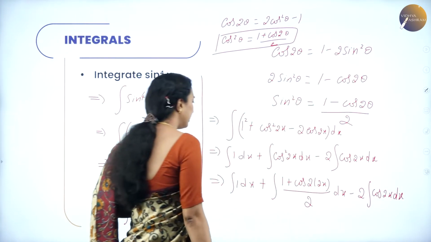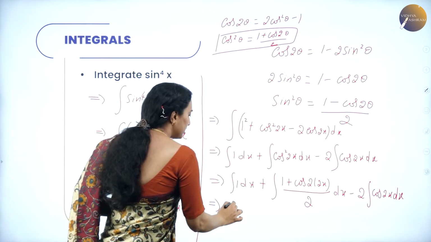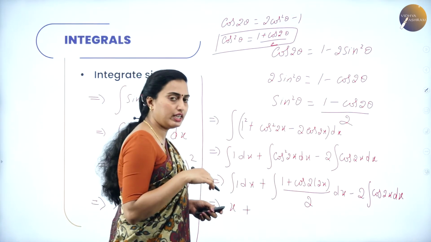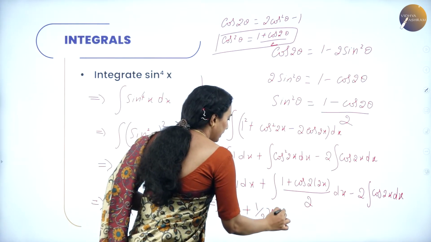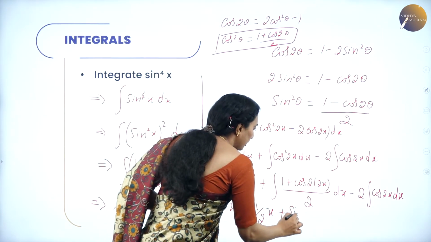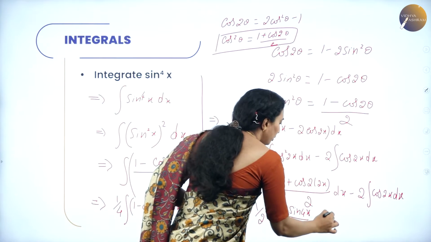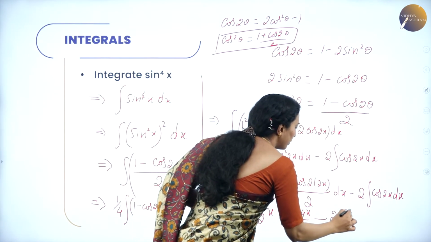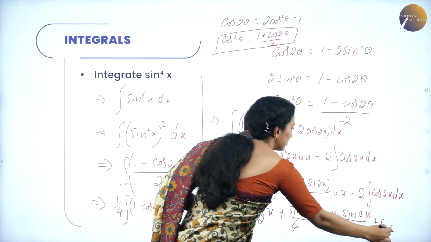So therefore, integrating this separately, you are getting integral of 1 into dx is x, plus 1 by 2 into 1 into dx, which is nothing but 1 by 2 into x, plus cos 4x integration is nothing but sin 4x divided by 4, minus 2 into cos 2x integration, which is nothing but sin 2x divided by 2, plus c, and this is your final answer.